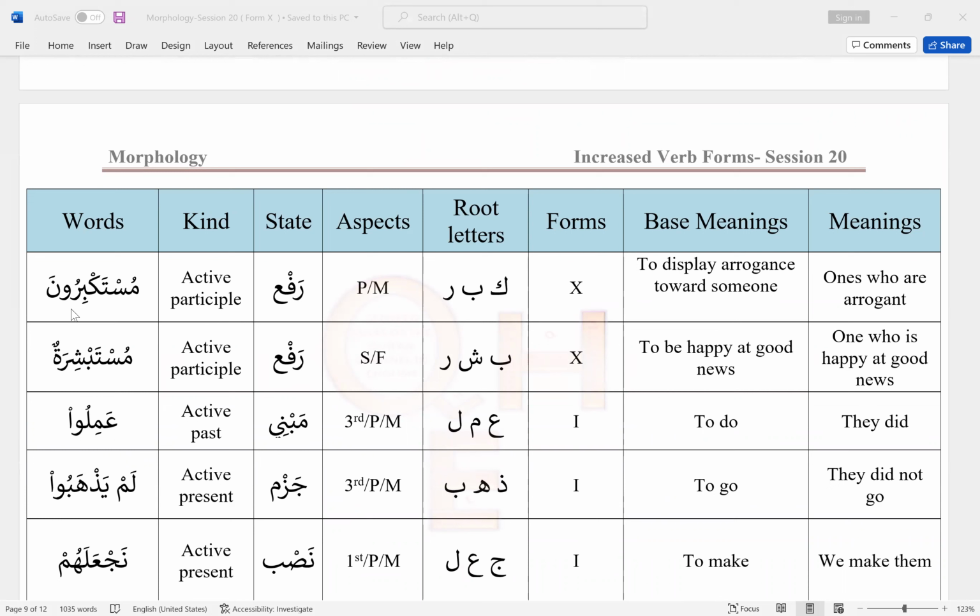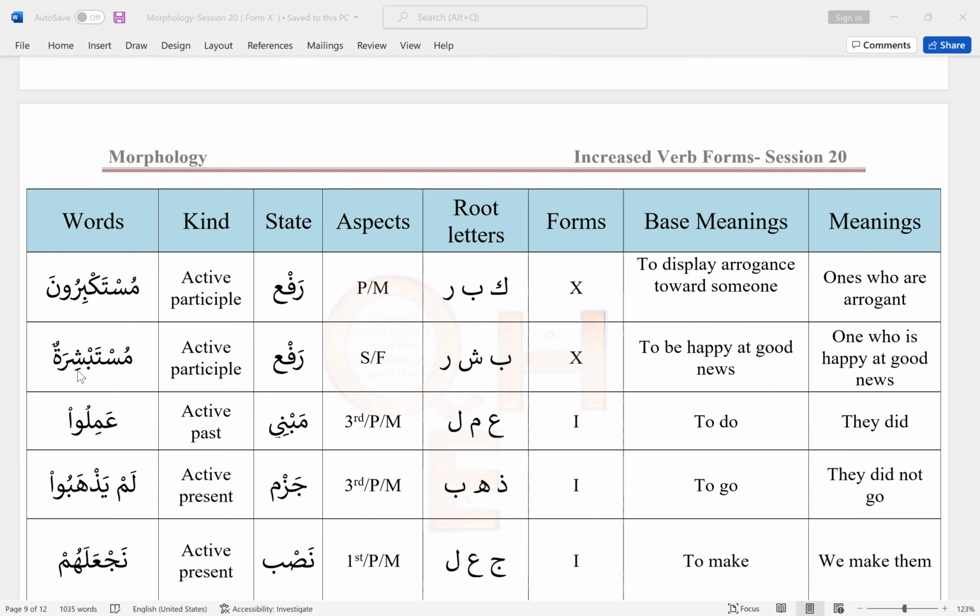This is state of rafa because we have una. This is plural male. Kaf, ba, ra are the root letters. The meaning is to display arrogance towards someone. This is active participle, so we are going to say ones, because this is plural. Ones who are arrogant.